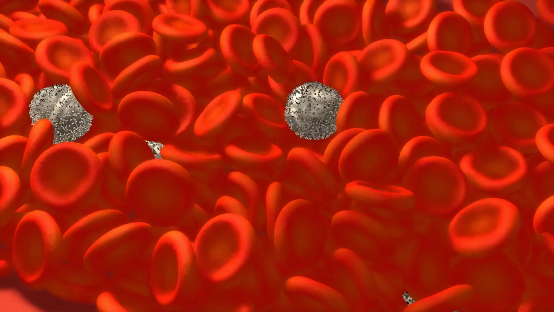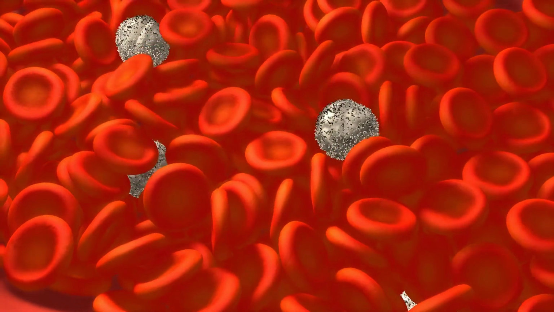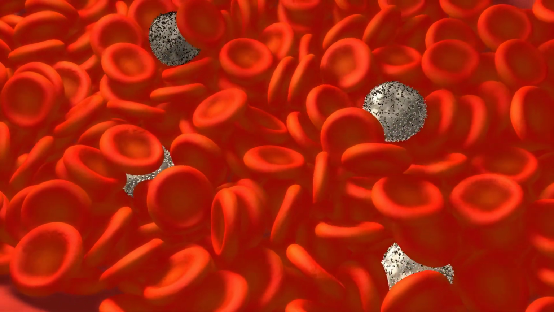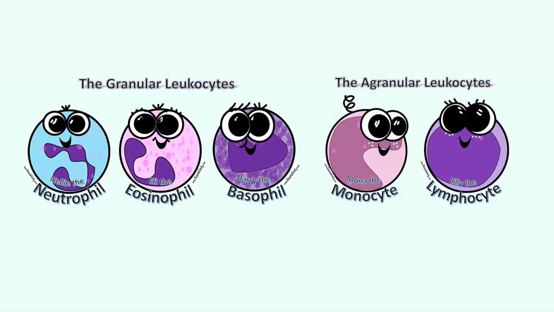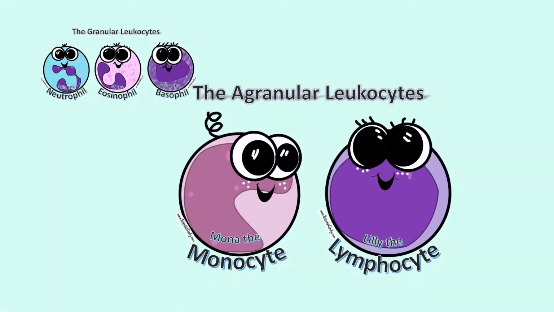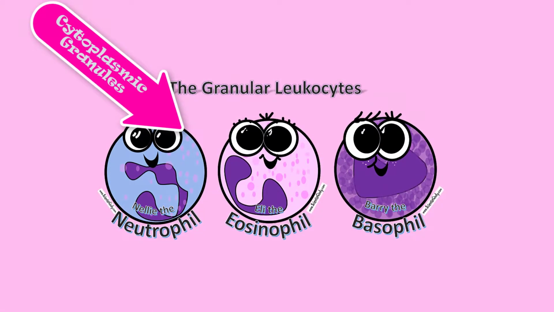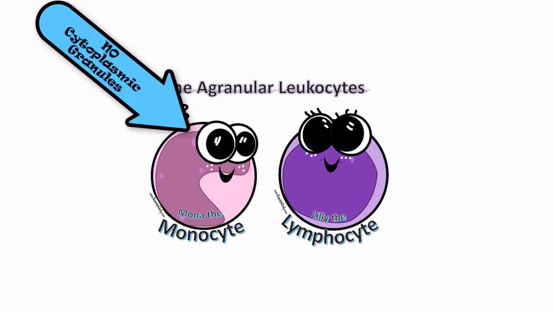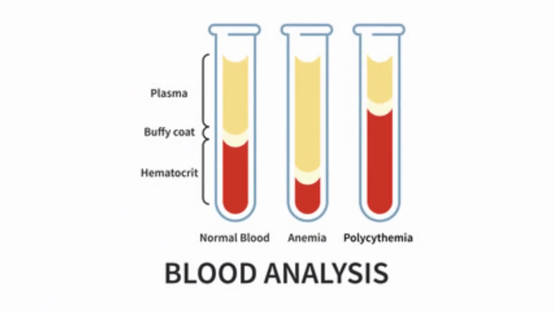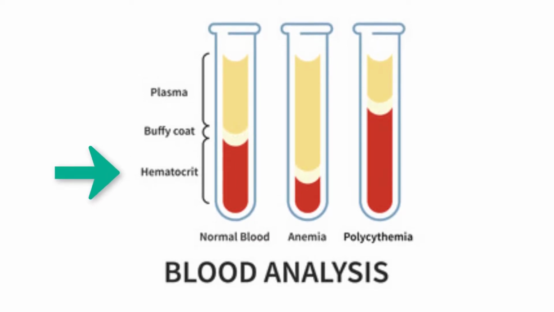The major cellular components of blood are the erythrocytes, or red blood cells, and the leukocytes, or white blood cells. There are 2 major classes of leukocytes: granular and agranular. Granular leukocytes have cytoplasmic granules, whereas the agranular leukocytes lack cytoplasmic granules. The percentage of whole blood containing formed elements is known as the hematocrit.